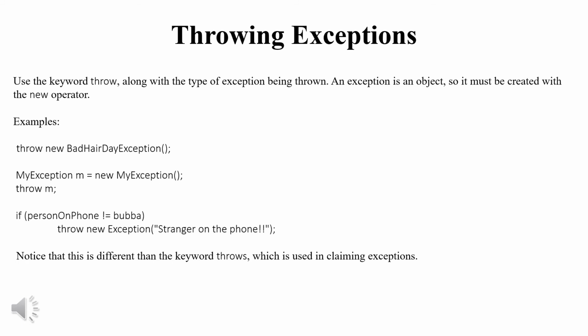So now you have created one object of MyException with the name m, and then throw m. You are throwing this exception. Or for example, if this condition happens, the person on the phone is not Bob, then throw new exception, right? So as I mentioned before, keep in mind that throw here is different from throws that we had in the previous step for claiming exceptions.